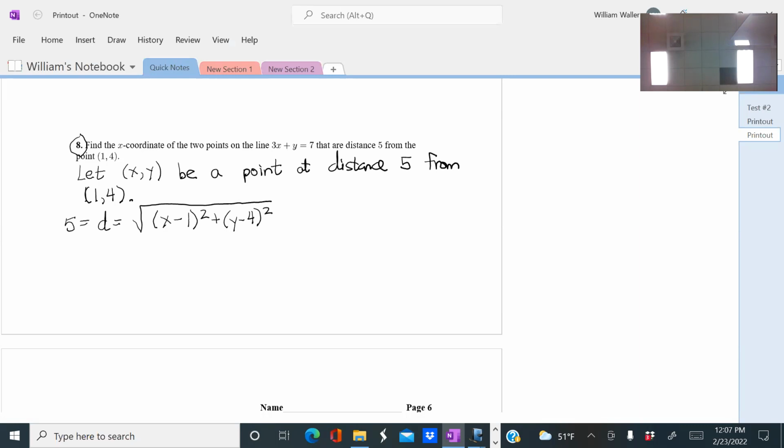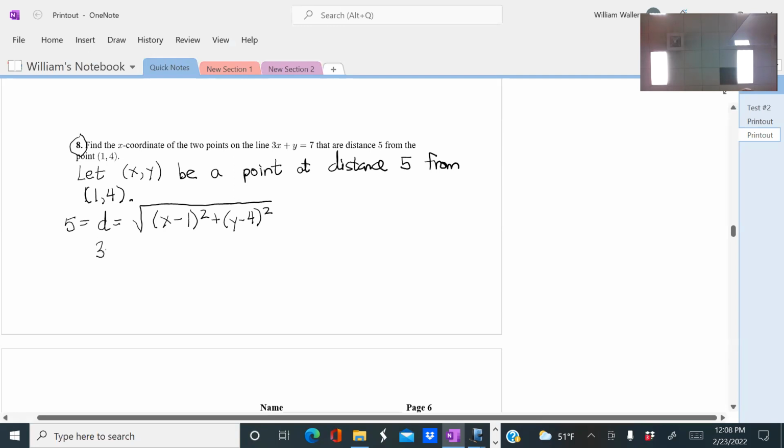So darn it, I need another equation. But do I have another equation? Look carefully. Yeah, 3x plus y equals 7, staring us right in the face. We also know that 3x plus y is equal to 7.